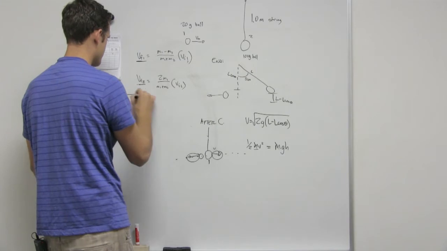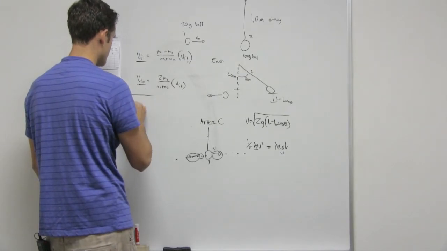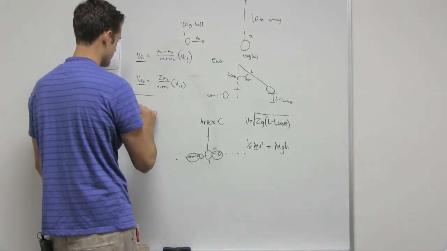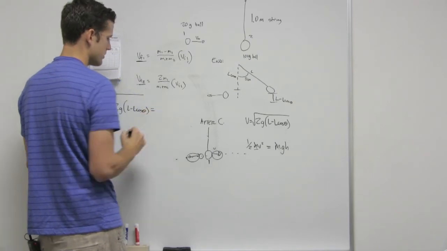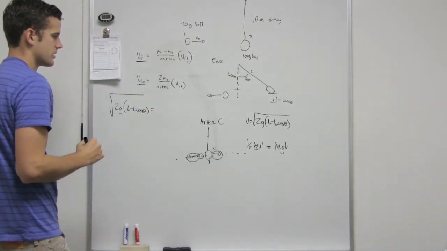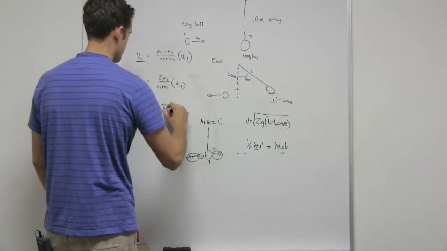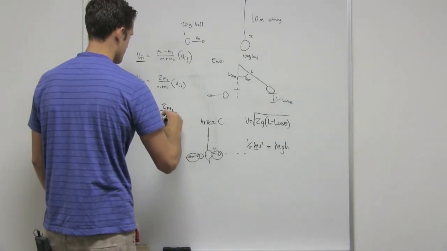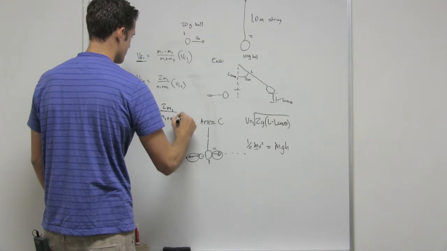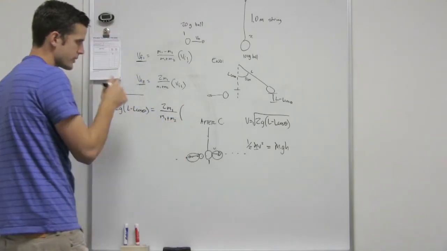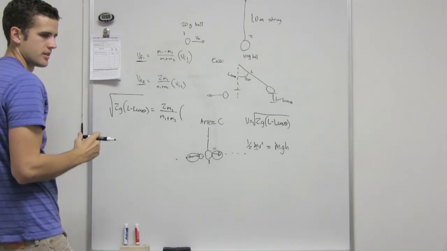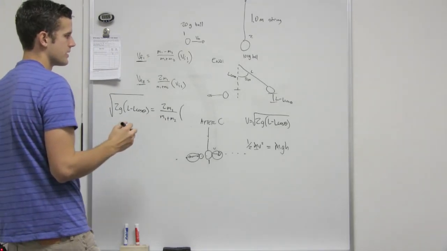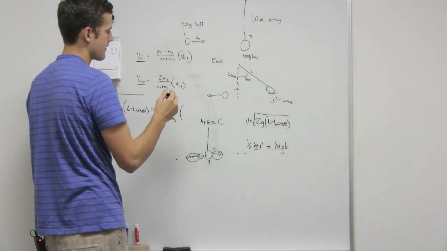So we have the square root of 2g times (L minus L cosine of theta) equals 2m1 over m1 plus m2 times, what should we call the initial of 1? Why does it have to be anything but the initial one?